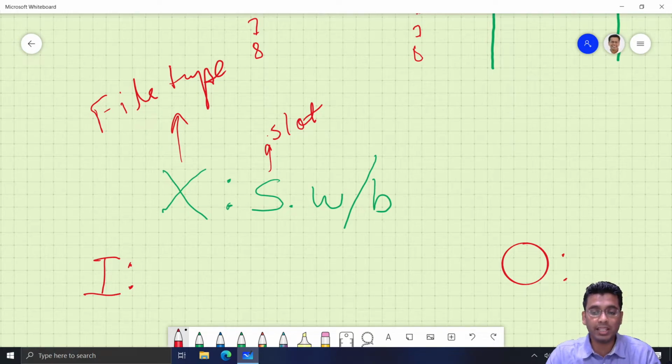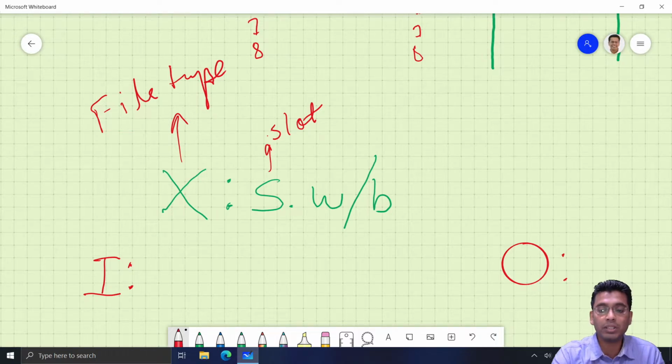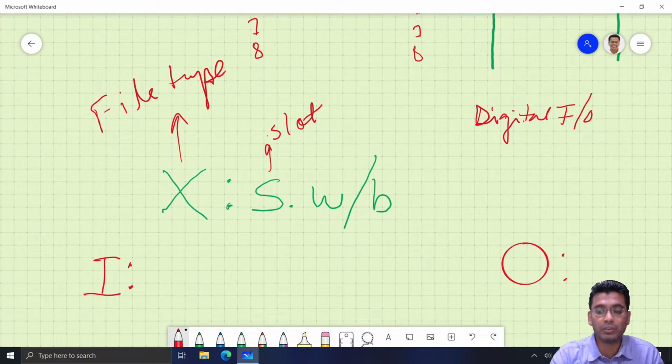Generally your digital input and digital output modules are built within the controller itself, and hence they are given slot 0. So remember, the digital input and output are inbuilt, and hence they are given slot number 0.